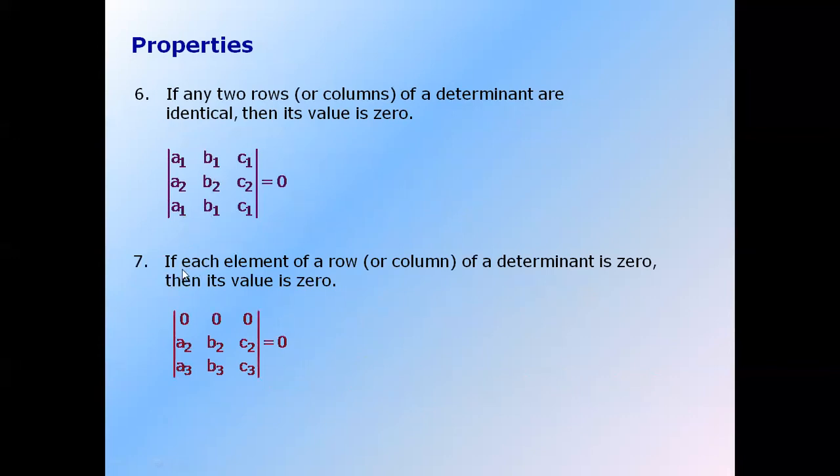Seventh property, if each element of a row or column of a determinant is 0, then its value is 0. Means look here, the first row contains all 0 elements. If you take the determinant, then we get the value of this determinant is 0.